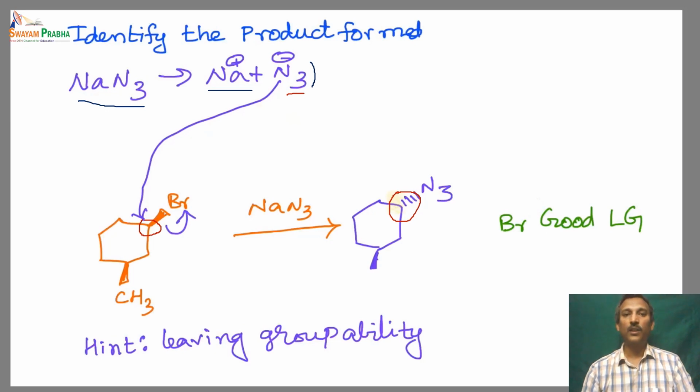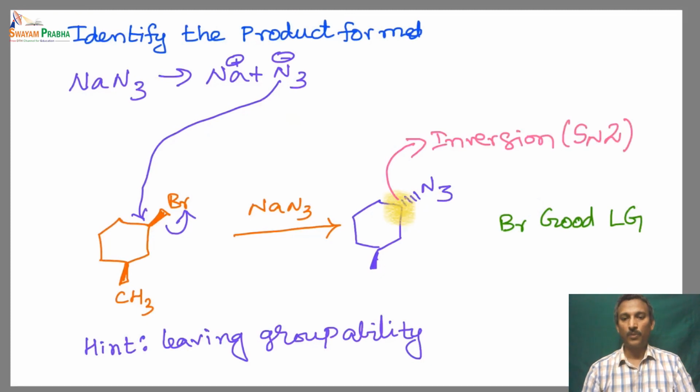That means the bromide is replaced by the azide with inverted configuration. So in this particular case, we have the inversion of configuration at this carbon, because this is an SN2 reaction.